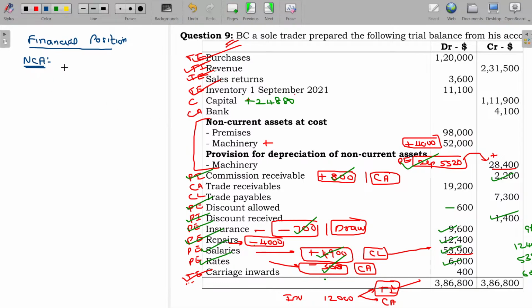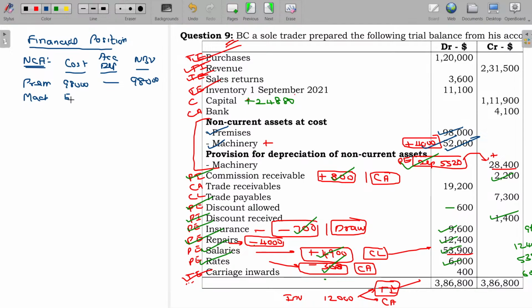We have to start with the cost, accumulated depreciation, and net book value. Premises 98,000. No accumulated depreciation on that, so 98,000. In case of machinery, 52 plus 4,000, 56,000.